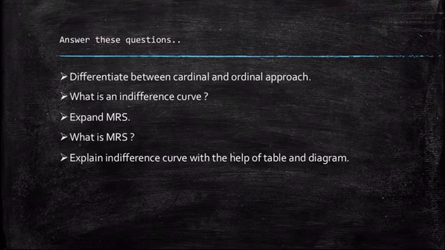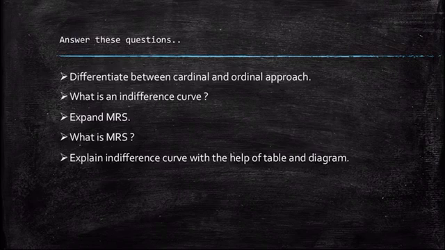It expresses utility in terms of cardinal numbers. Whereas the ordinal approach, introduced by Professor J.R. Hicks and R.G.D. Allen, expresses utility in terms of ranking orders. So here utility cannot be calculated, but it can only be compared.